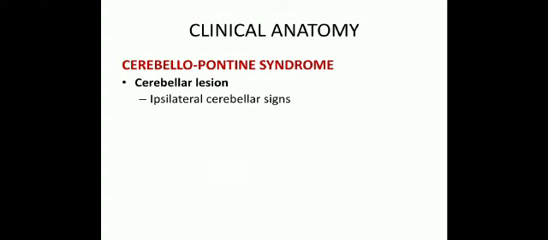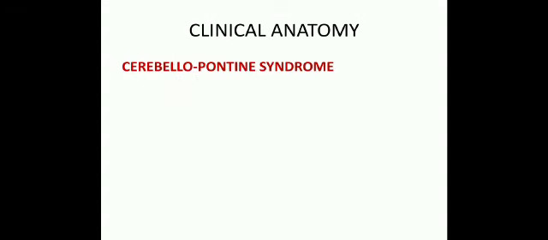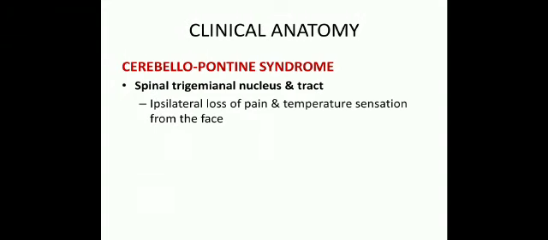Cerebellar lesion involvement gives ipsilateral cerebellar signs, tremors and ataxia. Involvement of the facial nerve gives rise to ipsilateral palsy, hyperacusis, loss of taste. Spinal trigeminal nucleus and tract involvement gives rise to ipsilateral loss of pain and temperature sensation from the face.